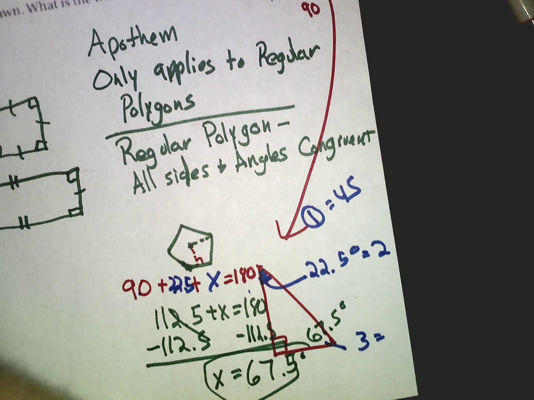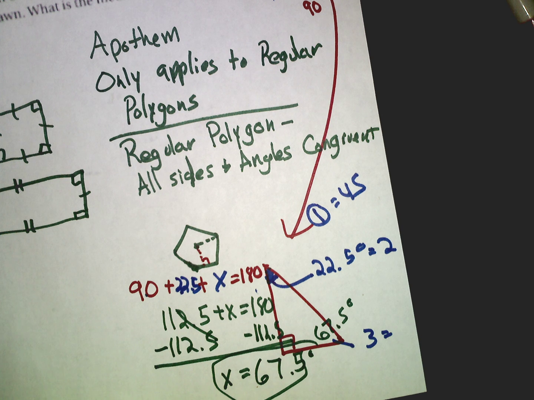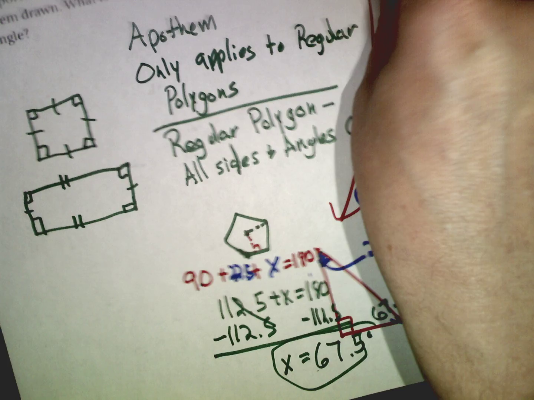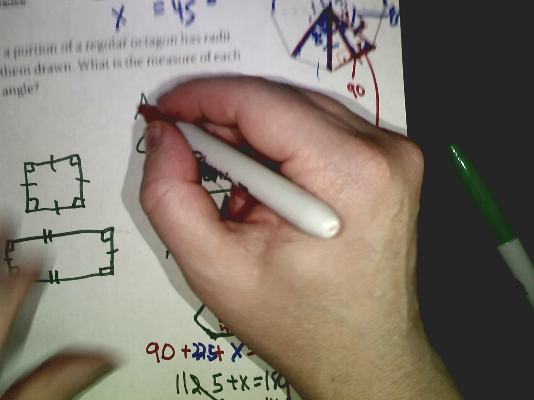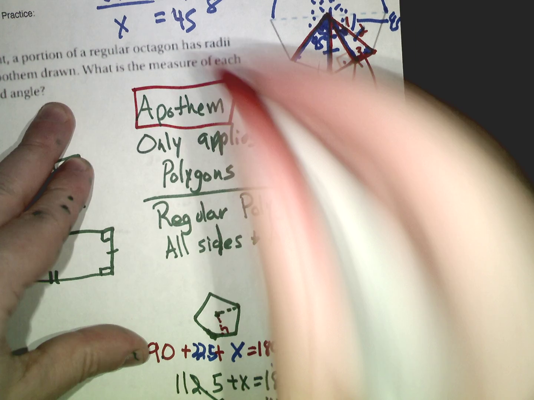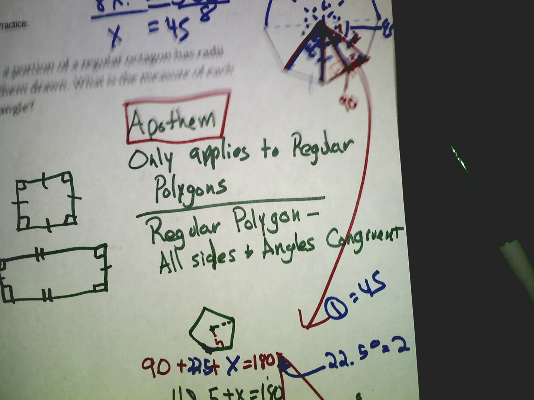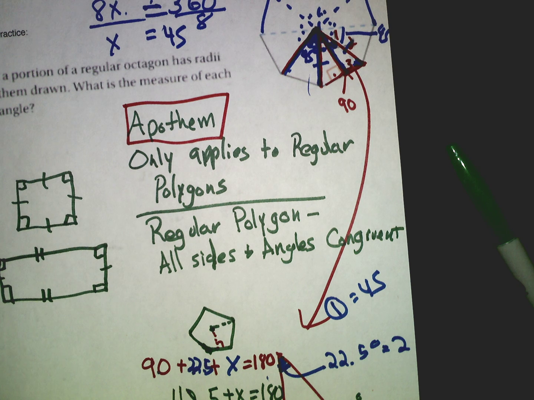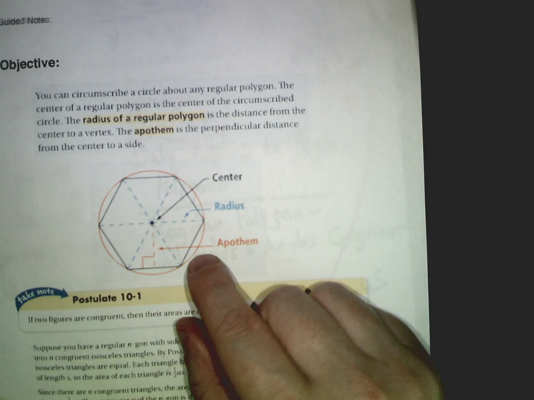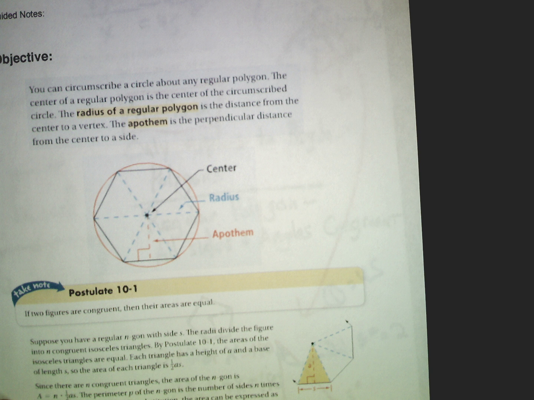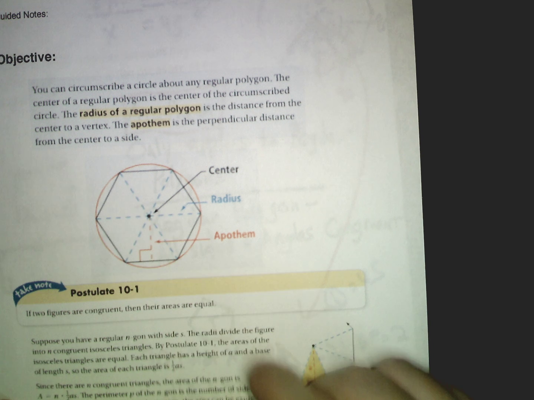Is this important? I'm not going to say it's super important. It's not the most important thing we're doing. I think they wanted to show you the relationship of this thing we call the apothem. Where does it exist in a regular polygon? If you print out the objective, you'll see they illustrate where everything is.